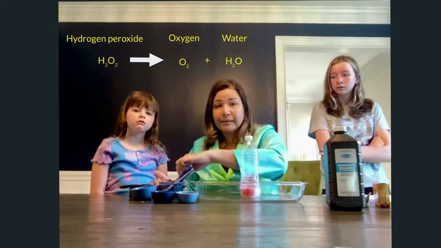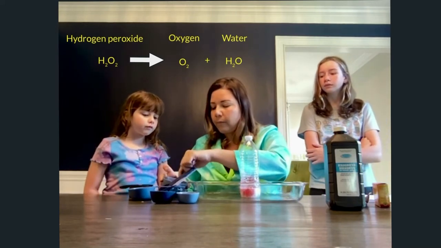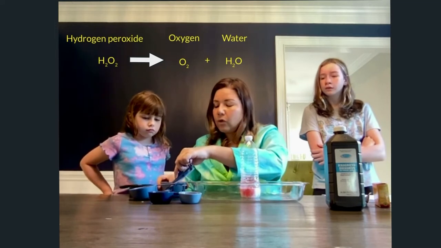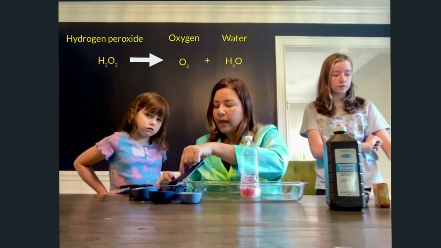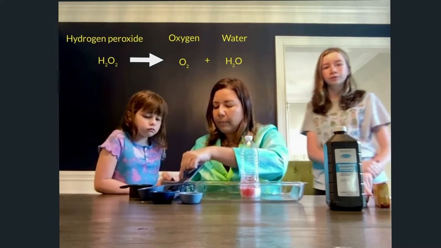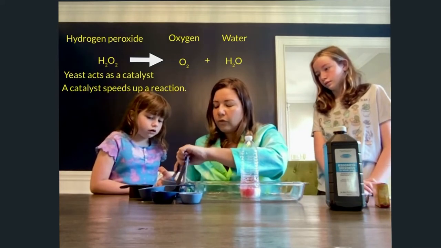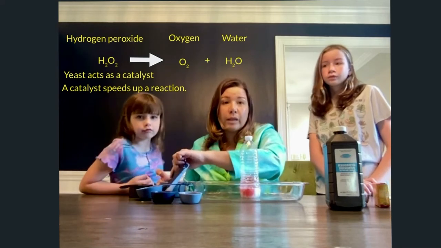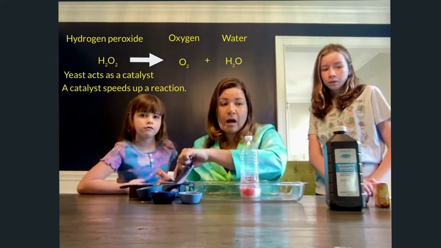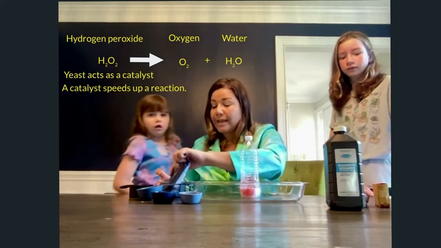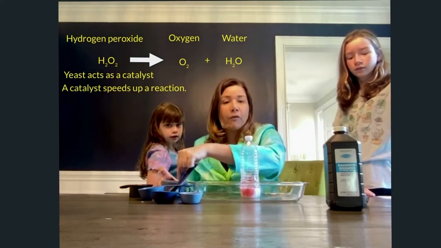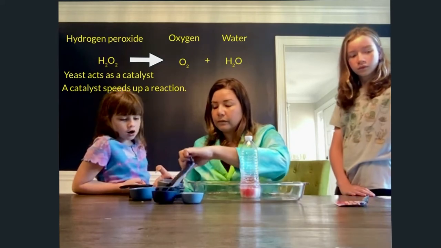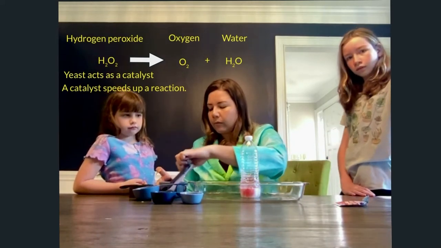But yeast, the yeast that we're mixing right now, is going to catalyze that reaction. And if you know what a catalyst is, that means it speeds up the reaction. So that means instead of hydrogen peroxide taking a really long time to break down into oxygen and water, it's going to happen right before our eyes because of the yeast. So we're going to see what happens.